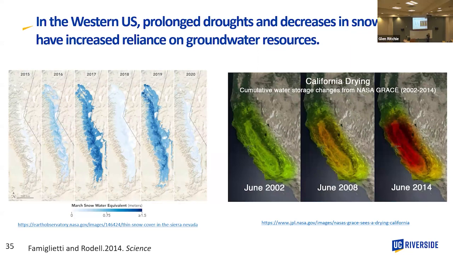And the figure on the right is from the GRACE satellite observations trying to quantify changes in groundwater storage. The red color means that we had significant groundwater depletion in California as a result of the recent droughts.